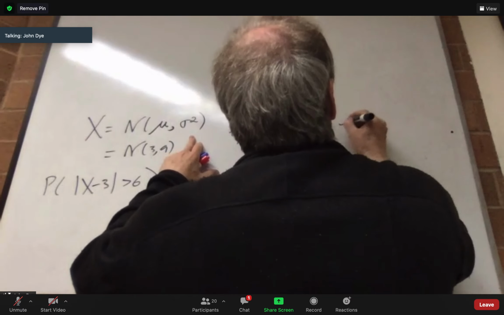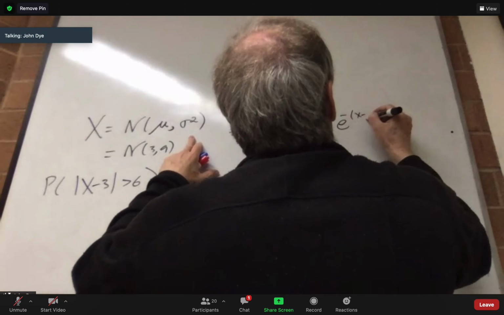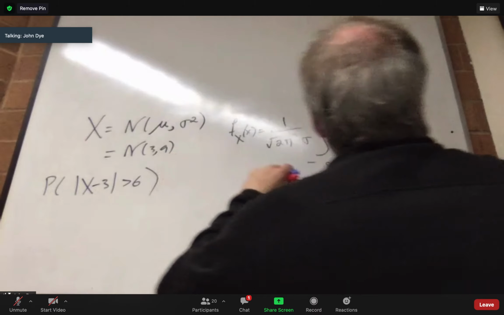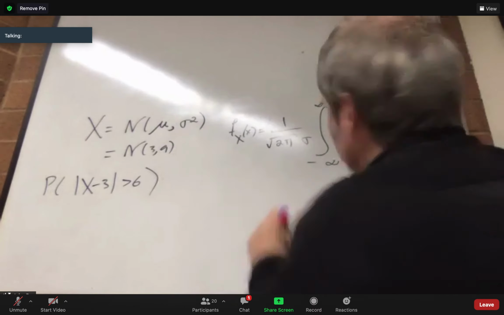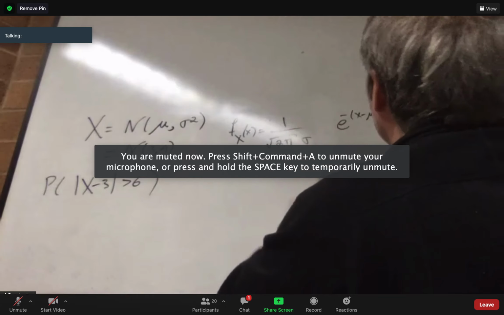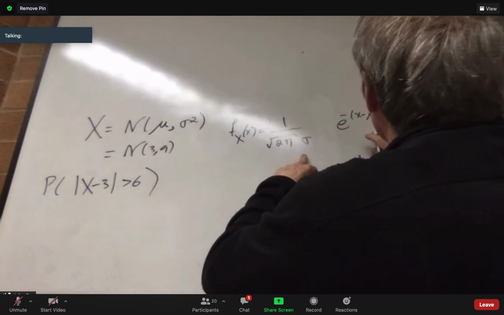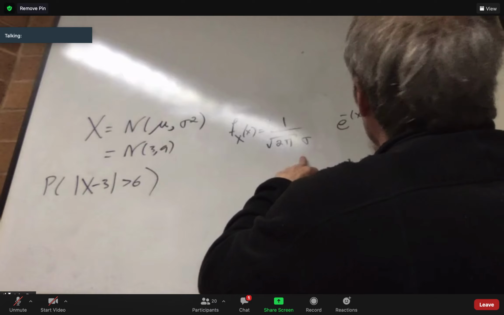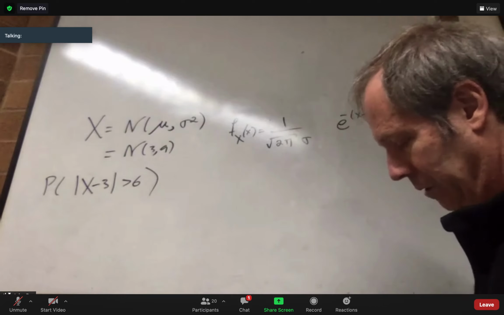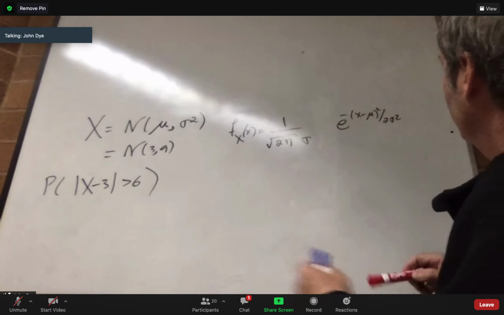And e to the minus (x minus mu) squared over 2 sigma squared. Sorry, I'm getting the CDF in there now. So this is the density. Let's look at where those parameters are.